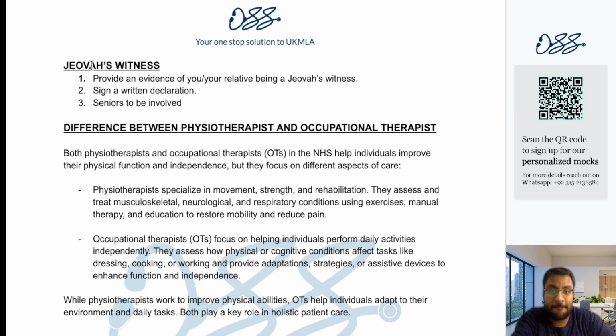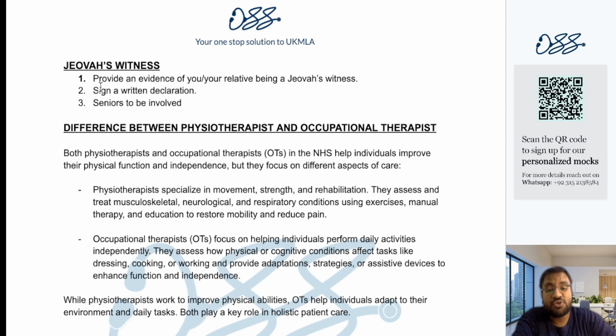Now what to do with the Jehovah's Witness, and what to do when a person is refusing blood transfusion. What you have to do is, number one, you need to tell them in the management part. This is something that you would tackle in the medical management part, or the advice part as well. It depends wherever you want to place this, but it needs to be done in those patients who are reluctant to get the blood transfused.